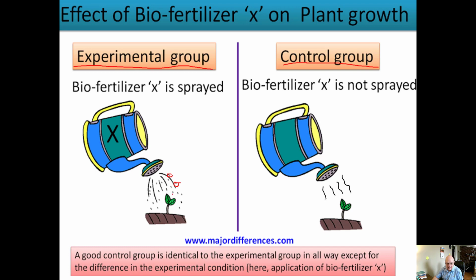So you spray it on, see what happens to the plants. Do they get better, or maybe you're trying to get rid of pests. Let's assume you're trying to make them grow bigger. See what happens with this group. Over here, these strains represent just water. No chemicals at all, and see what happens to the growth of those two plants. Does it do better with biofertilizer X or without biofertilizer X?